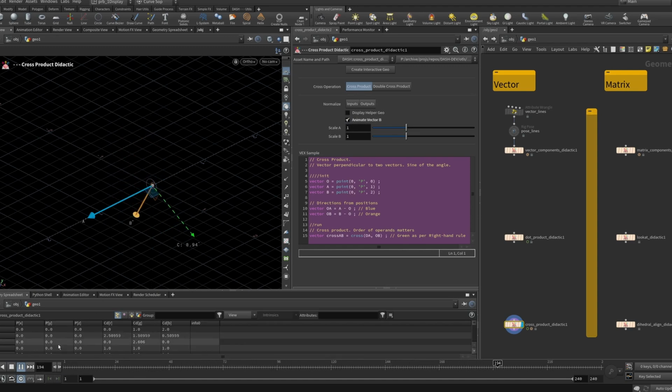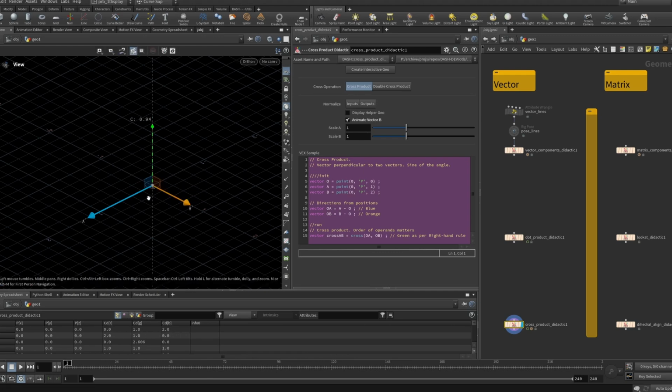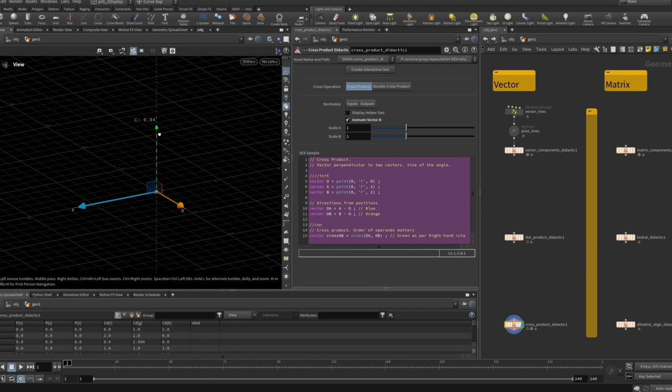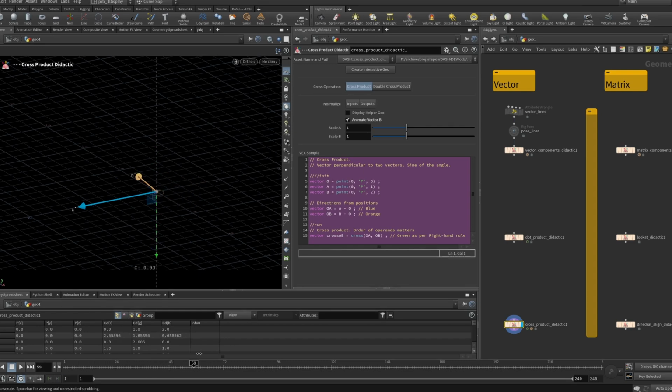When I rotate vector B about the cross product, you can see the axis doesn't change. The direction, or let's say the line of the vector, doesn't change. What changes is its magnitude, and indeed it will point downwards, and then it will point upwards.